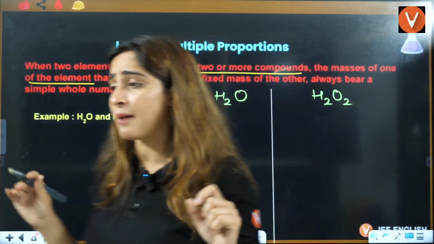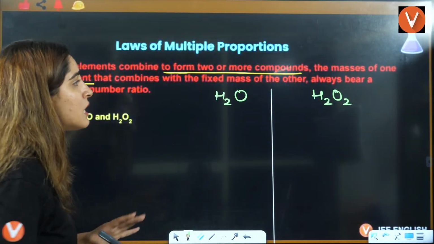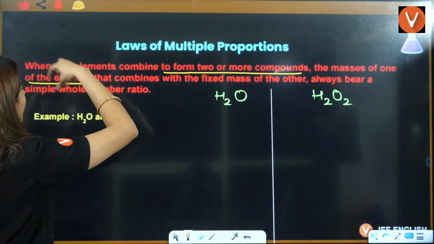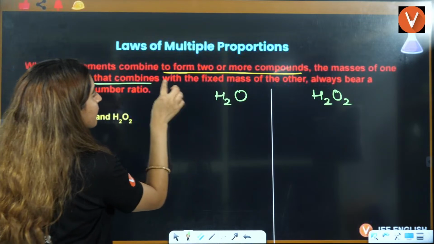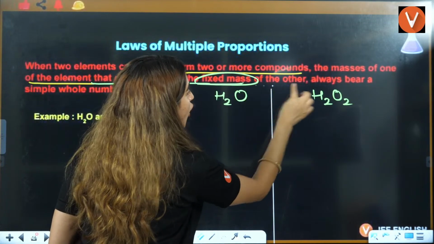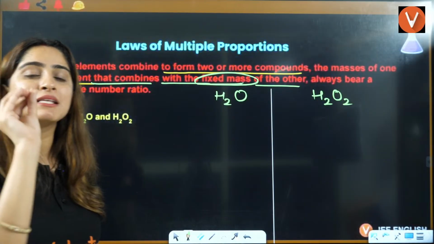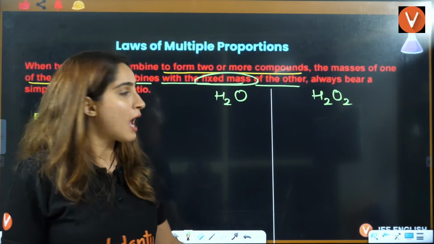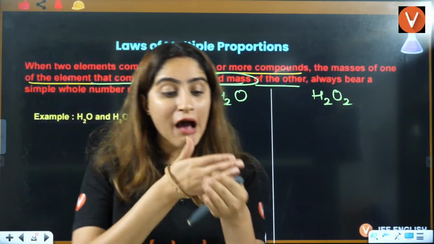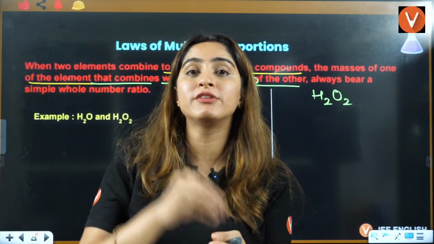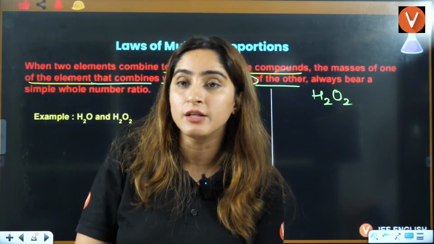With the help of examples, you will be able to understand it more. The masses of one of the elements that combine with the fixed mass of the other. So that means I have to fix one mass. I have hydrogen, I have oxygen, I have hydrogen, I have oxygen. You have to fix the mass of one of the atoms, right?